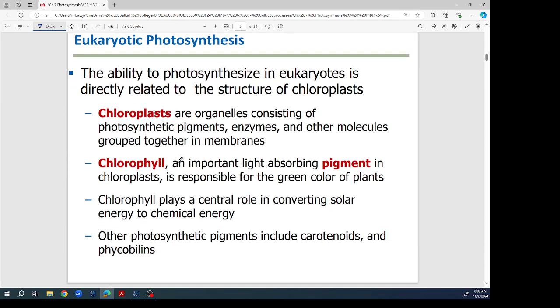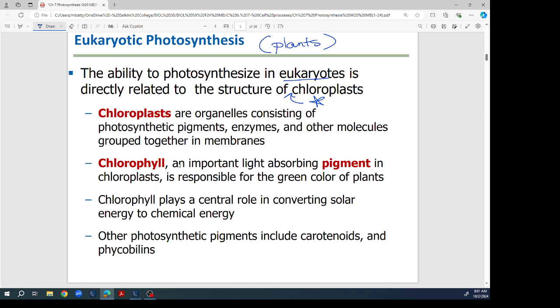Okay, so if we were to really focus in on eukaryotic photosynthesis, even though there are others, we're going to really think about plants for the most part. And the key thing about eukaryotes is that they have all of the key organelles that we would have talked about back in chapter 4. So in eukaryotic cells, chloroplasts are those important organelles.